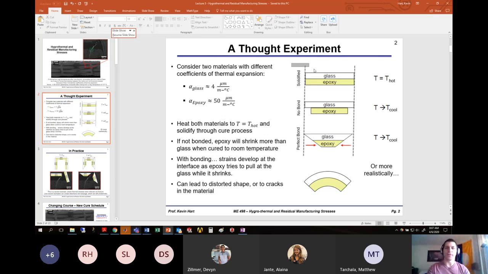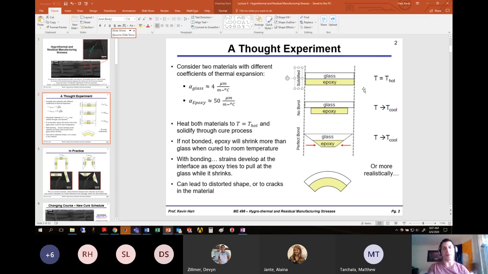When we fabricate a composite, we fabricate it at a temperature of, let's say, 150 degrees Celsius. The resin is in its liquid state at that high temperature and solidifies at that temperature. So the piece is thermally neutral in terms of stresses and strains at that high temperature. That's its healthy configuration, or its configuration with no internal stresses and strains.